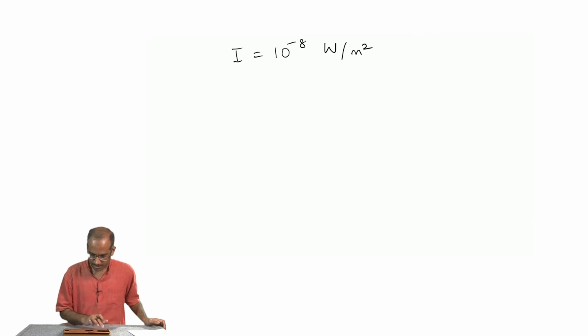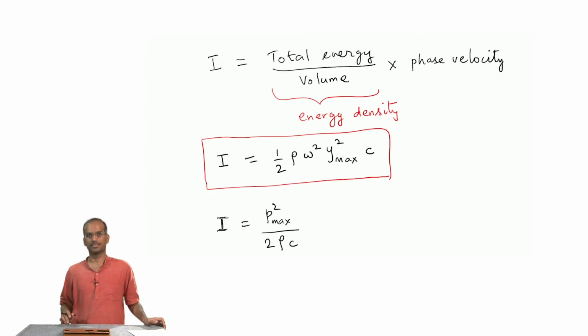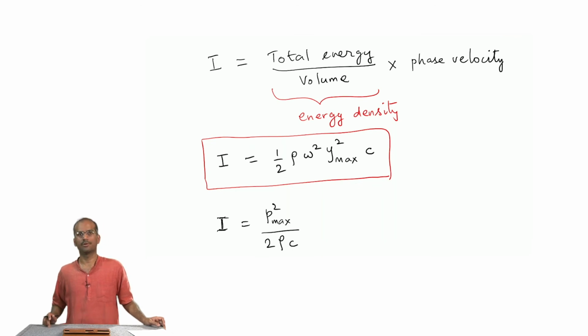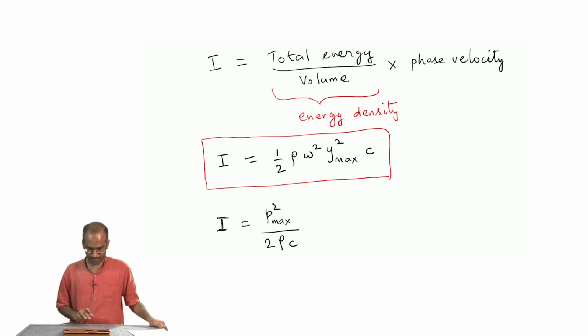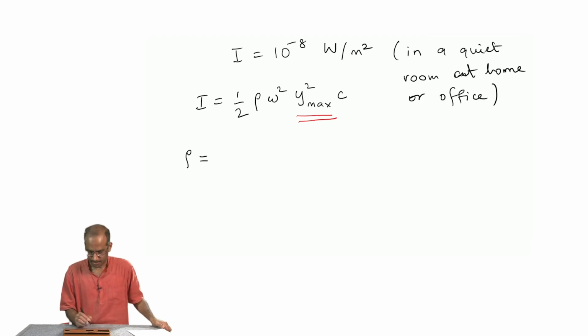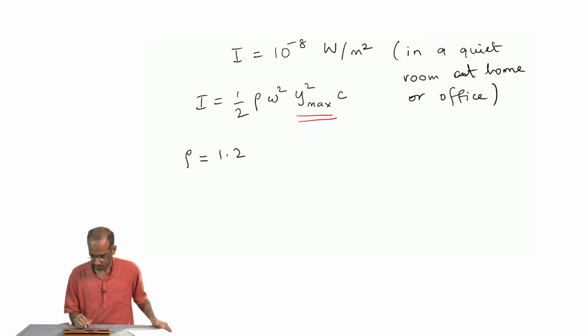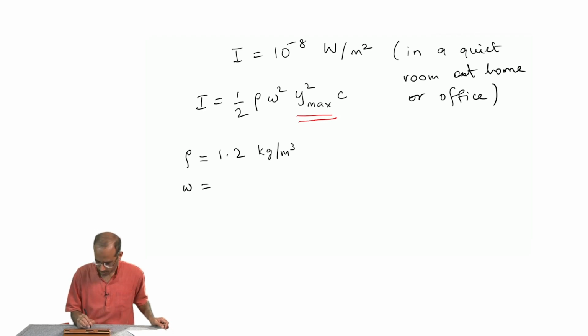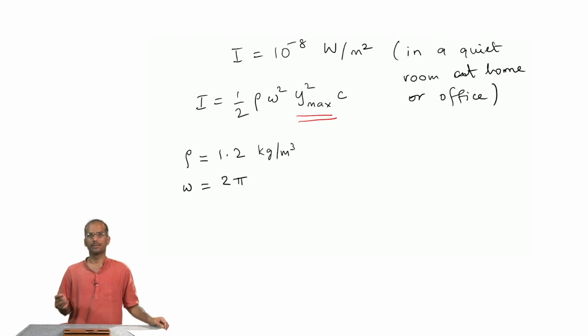For that purpose, we need the relation that we just derived. So, we said that intensity is equal to half rho omega square y max square multiplied by c. And to get this information, I need a few things. One is density of air, which is about 1.2 kilogram per meter cube, and I need also the angular frequency, which is 2 pi times the frequency of our normal speech.